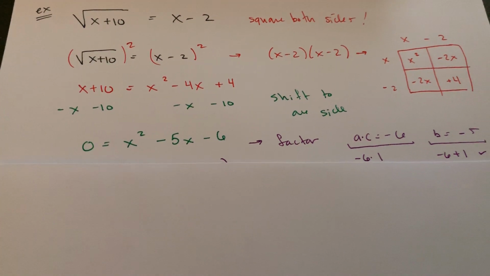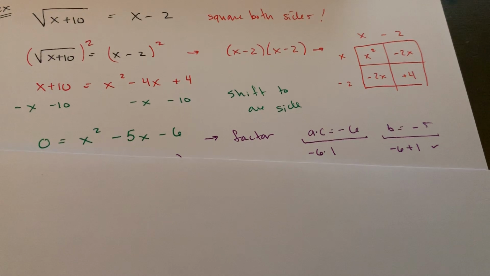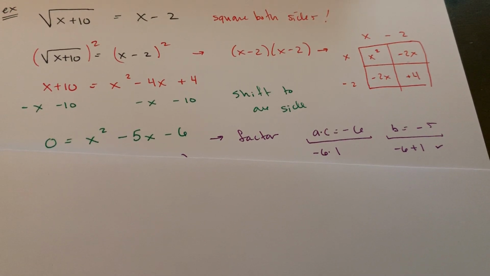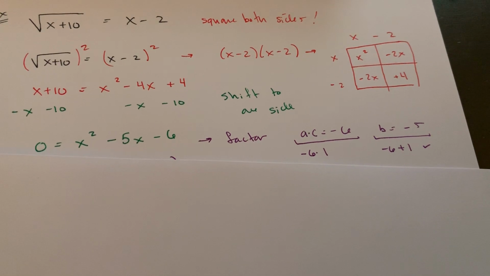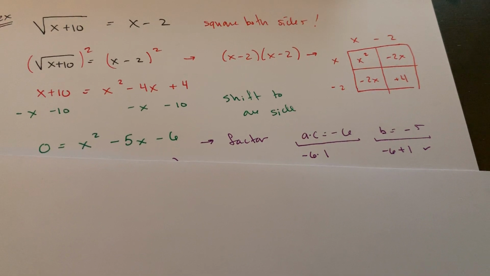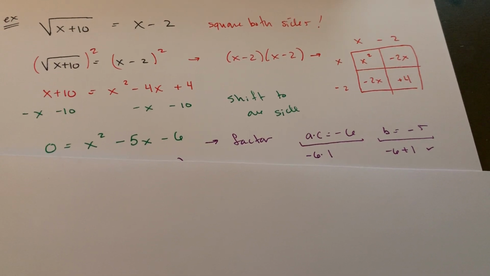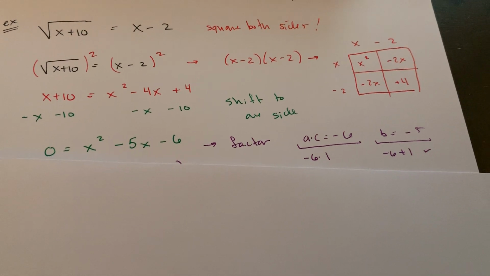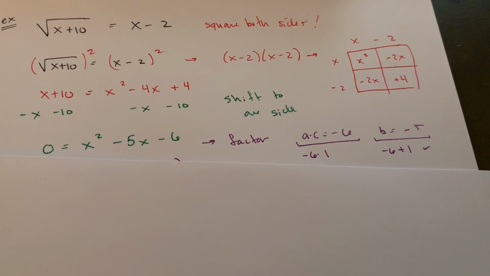This is our classic ABC style factoring. And so our a times c value here would be negative 6. The b value here would be negative 5. And so what's the pair that would make this work? Well, that's going to be a negative 6 and a positive 1, right? Negative times positive is negative. And then a negative 6 plus a positive 1 would leave me with negative 5.